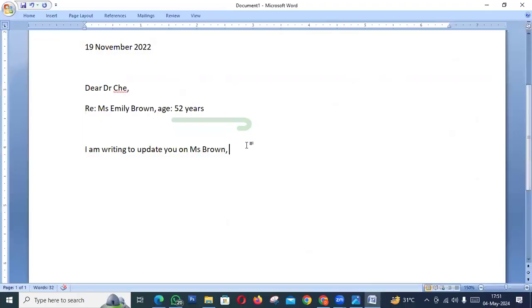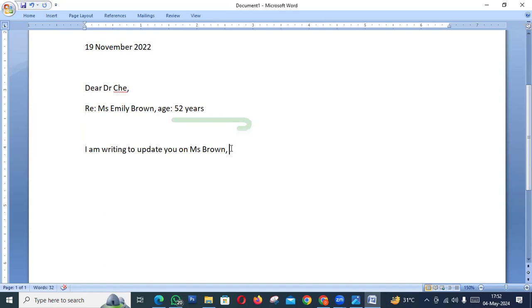But if you want, you can write like this: a 52-year-old forklift driver. But I will not write this because my letter is already long, okay.